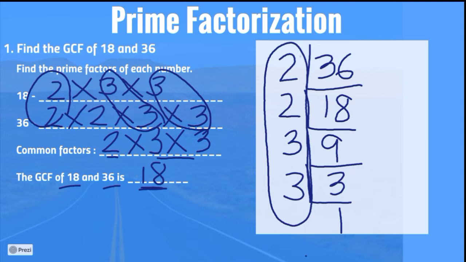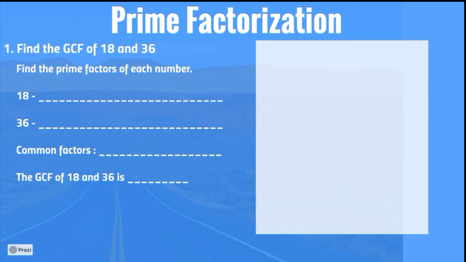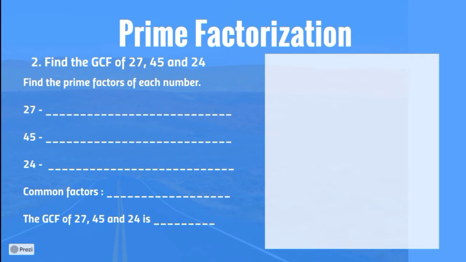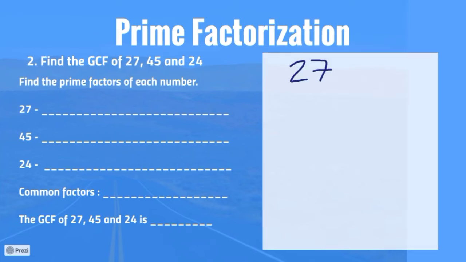Okay? So, let's try example number 2. Example number 2, find the GCF of 27, 45, and 24. Okay, so again, pwede tayong gumamit ng dalawang method. Pwede natin gamitin ang factor tree at ang division by prime or inverted division. So, let's find the prime factors of 27 using division by prime.